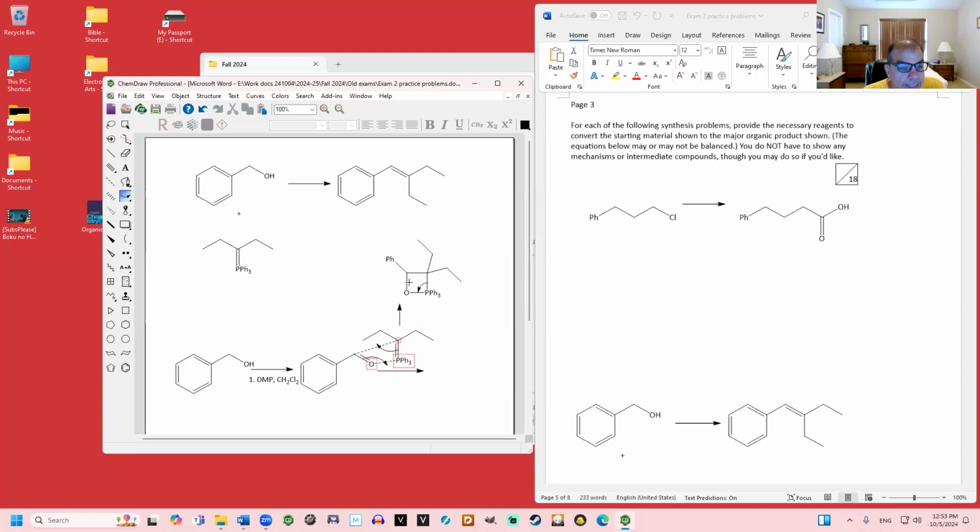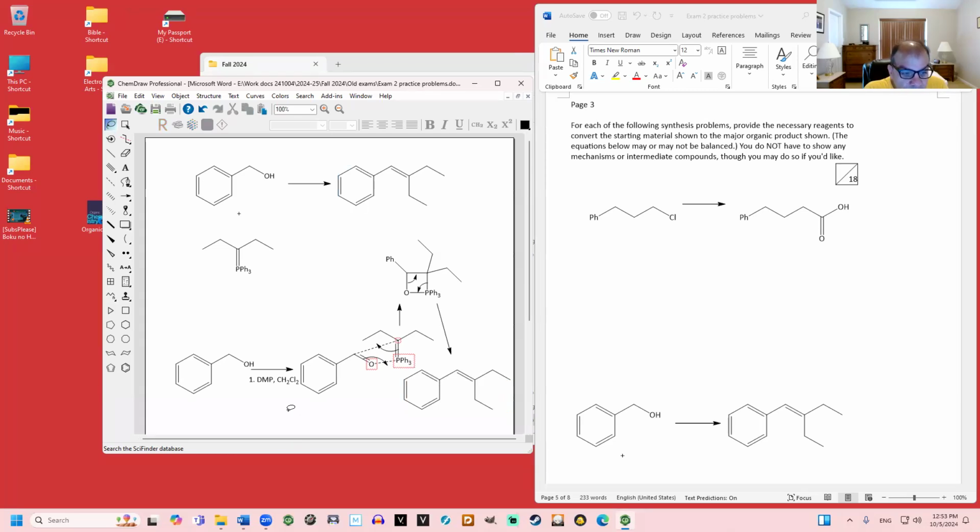Releases a lot of strain energy, makes another very favorable phosphorus-oxygen bond. And that gives us the product. So that's just a Wittig reaction.